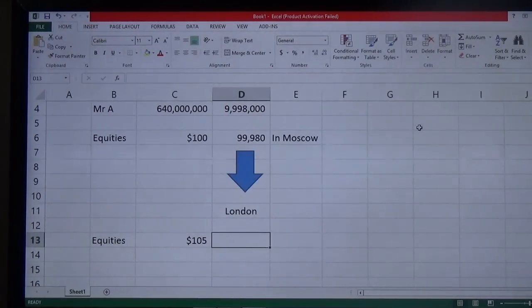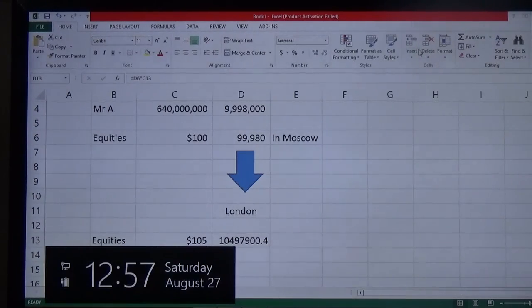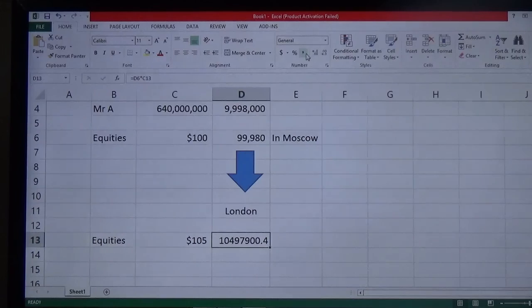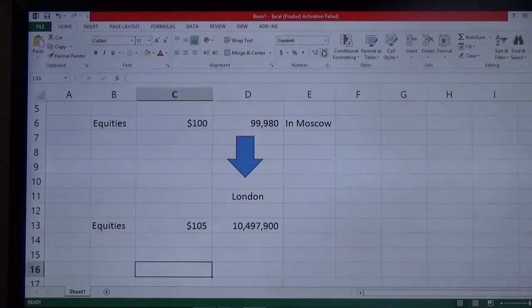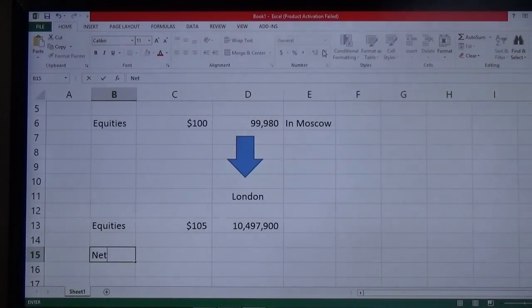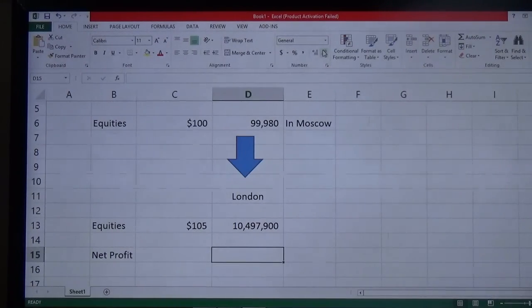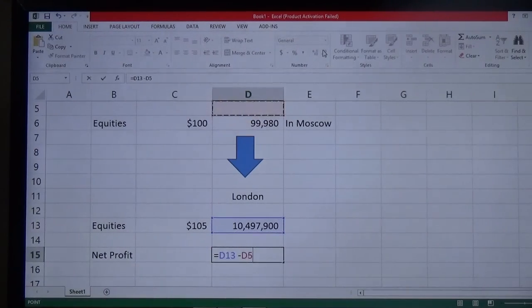Now you will sell these equities at 105, and this much amount of money you will get. The net profit would be equal to this minus this.